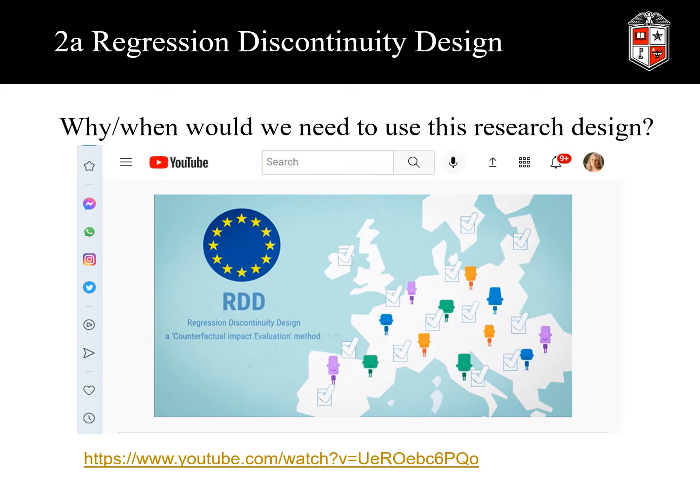RDD looks at individuals who are slightly above the age of 25 and those who are slightly below it. The fact that the rules can be discretionary ensures that people close to the threshold are very similar, except for the fact of participating in the program.